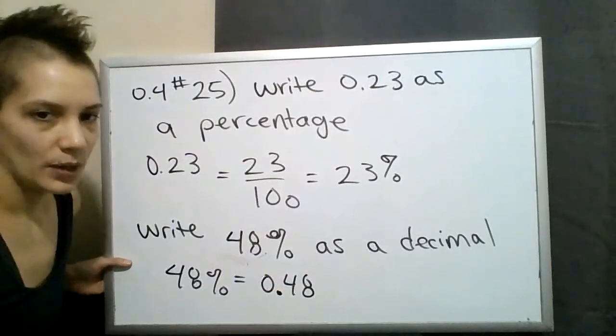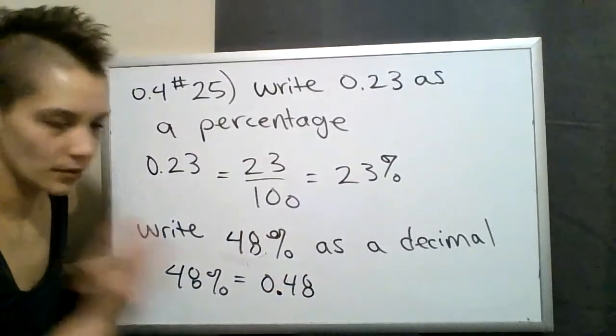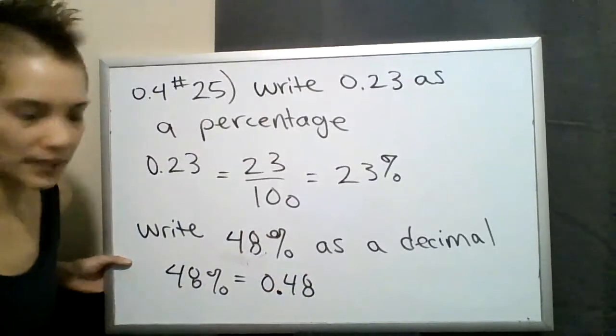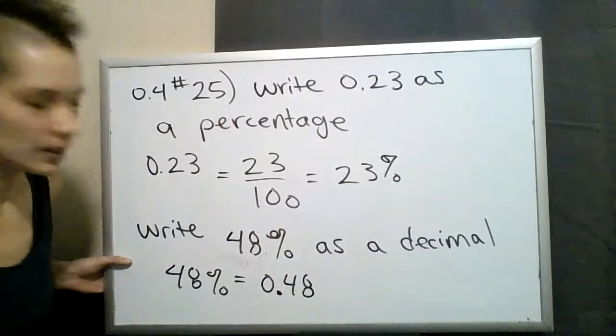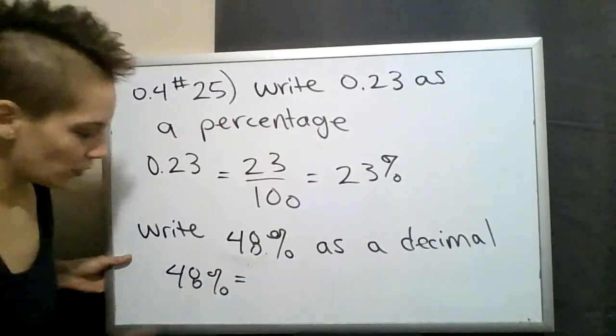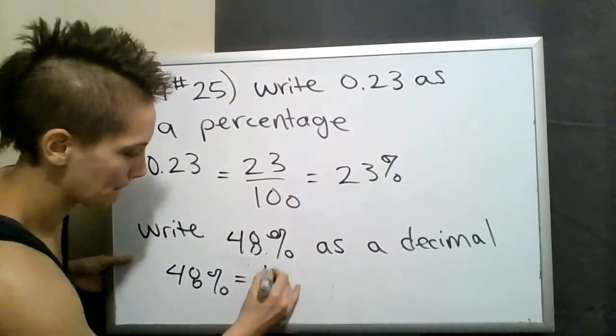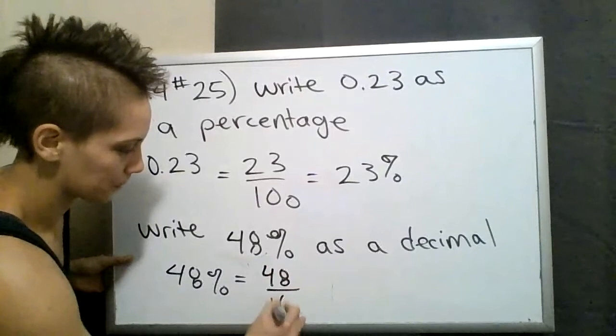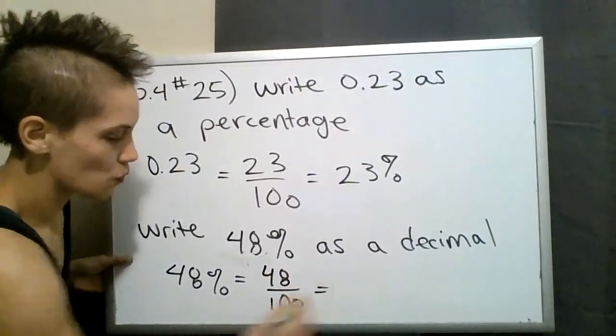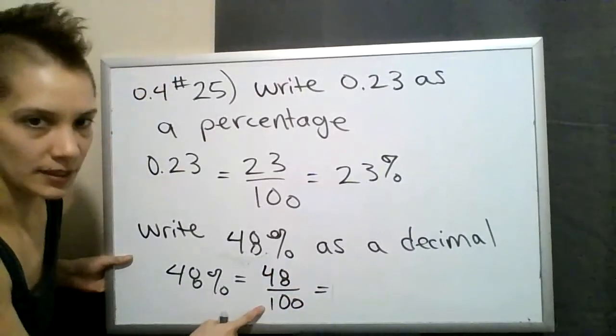Okay, but if you want to go with what we were talking about earlier and put a little extra work in the middle, 48%, you have 48 over 100. Divided by 100 is 0.48.